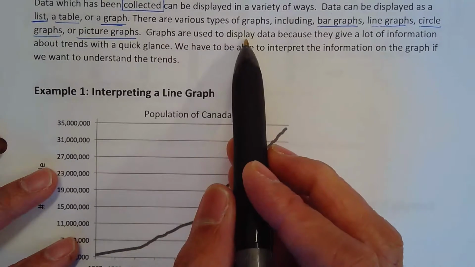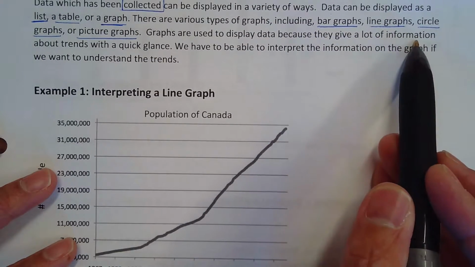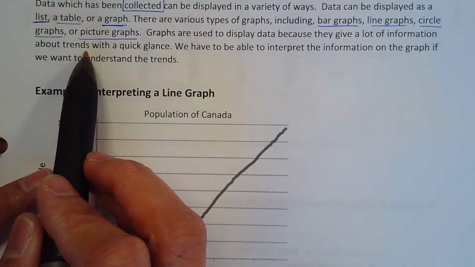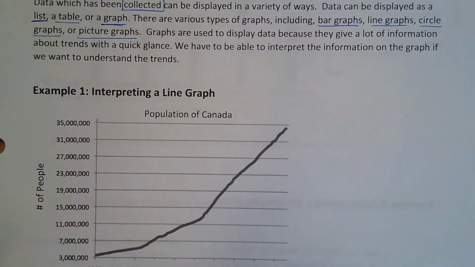Okay, so let's see here. Graphs are used to display data because they give a lot of information about trends with a quick glance. So when we did our data collection earlier, we talked about the number of hours of sleep of the students or the people in this room. We can see the pattern.